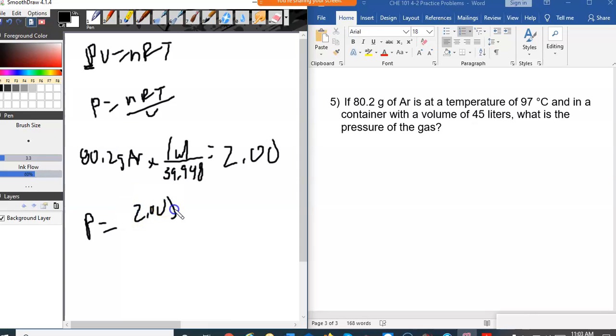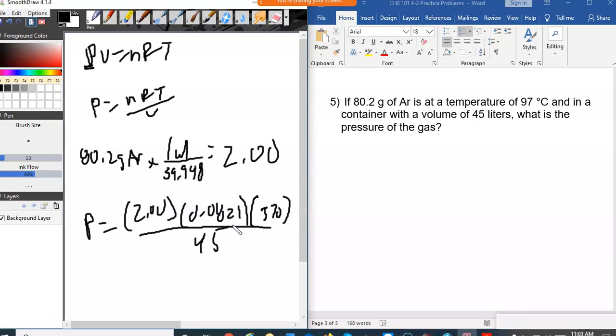So 2 times 0.0821 times your temperature, again, 273 plus 97, 370, divided by the volume, 45 liters. So 2 times 0.0821 times, what is that, 370?